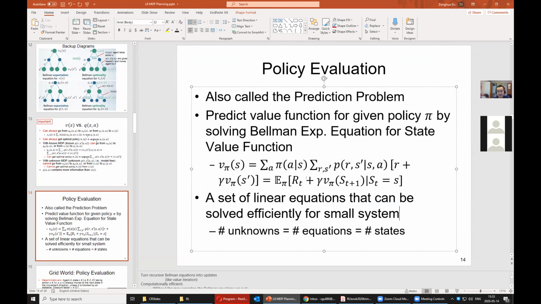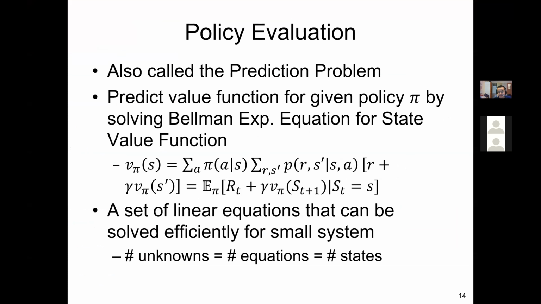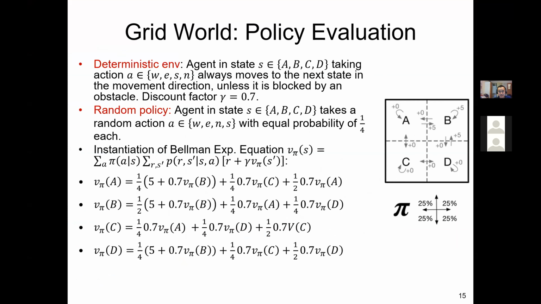If you look at the set of equations, the number of unknowns is equal to the number of equations, and equal to the number of states. So they can be solved. Here's one example of a small grid world. The agent has 4 states.